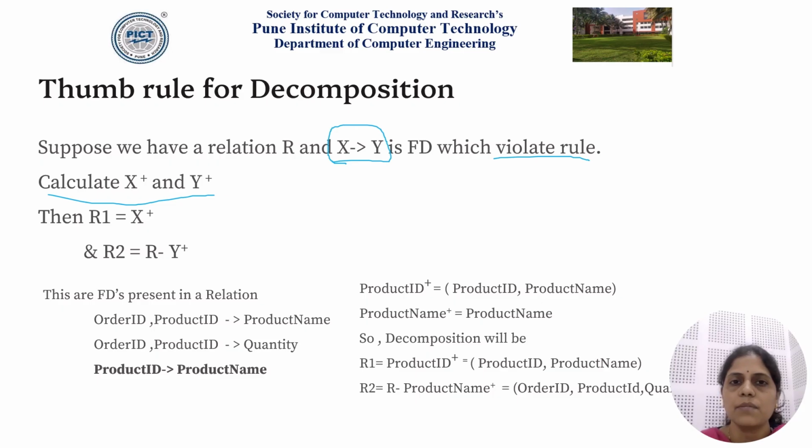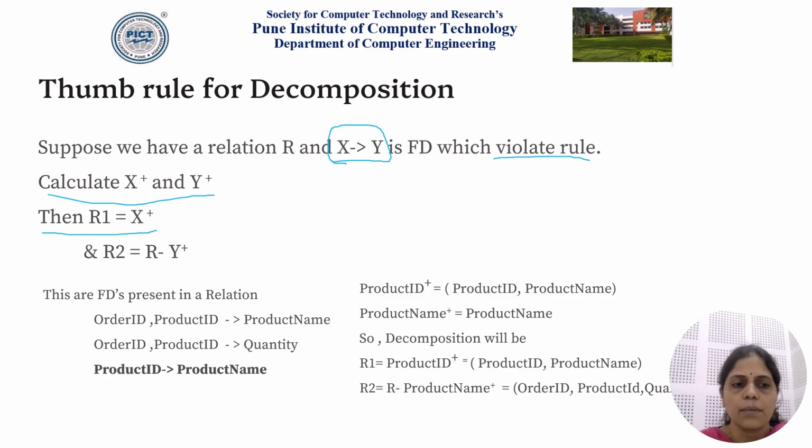X plus means the closure of X and Y plus is the closure of Y. I hope you know the meaning of the closure of a particular attribute. Then we consider R1, the first decomposition, equal to X closure, and the second decomposition as R minus Y closure.